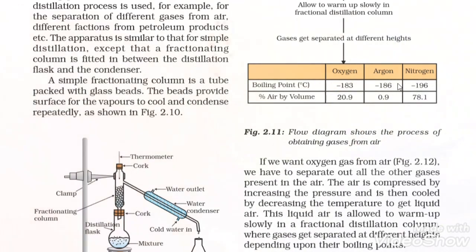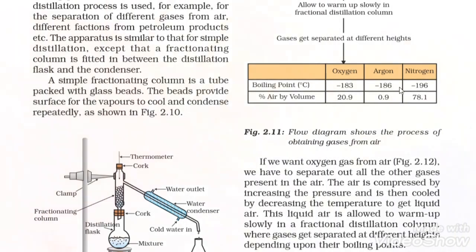As I have discussed earlier, the boiling point of nitrogen is -196. It is the least boiling point among these three gases. Nitrogen has the least boiling point, so it will boil up first and then argon and then oxygen.